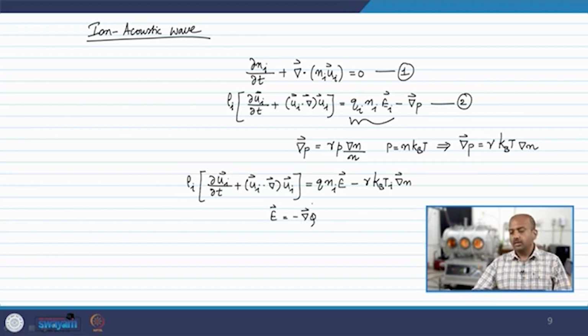We know this very well, right? So what have I done? I have just written the two relevant equations, the continuity equation and the momentum equation. I have rewritten del P so that it represents temperature as well as the variation in the number density of the charged particles, del n and Ti, and I am writing the electric field in terms of a potential.